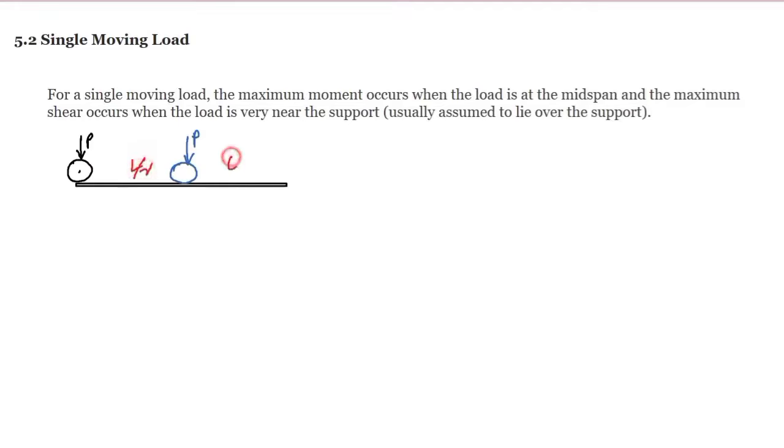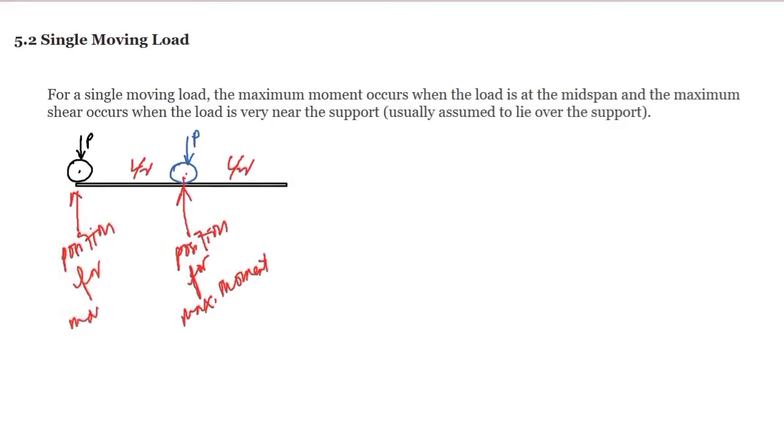So this distance here is L over 2 because this is the midspan. So this position is the position for the maximum moment, and this position here is the position for the maximum shear.